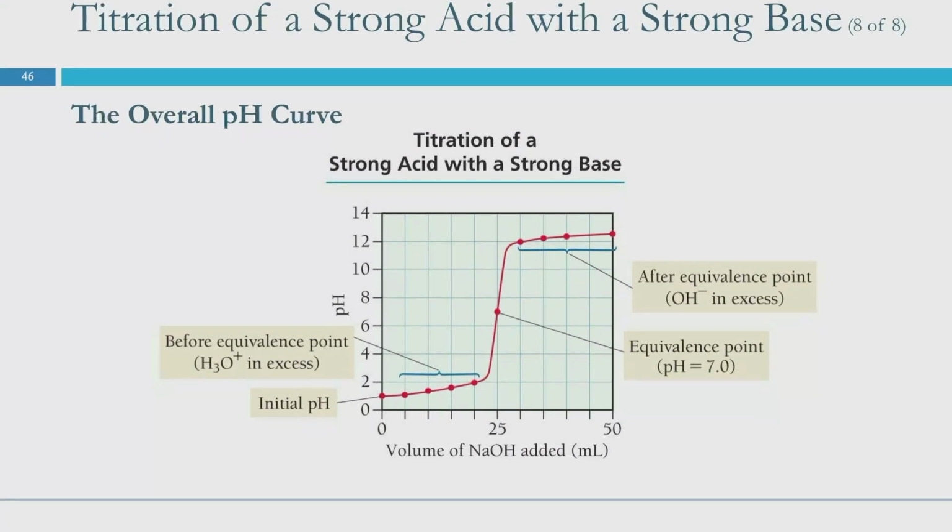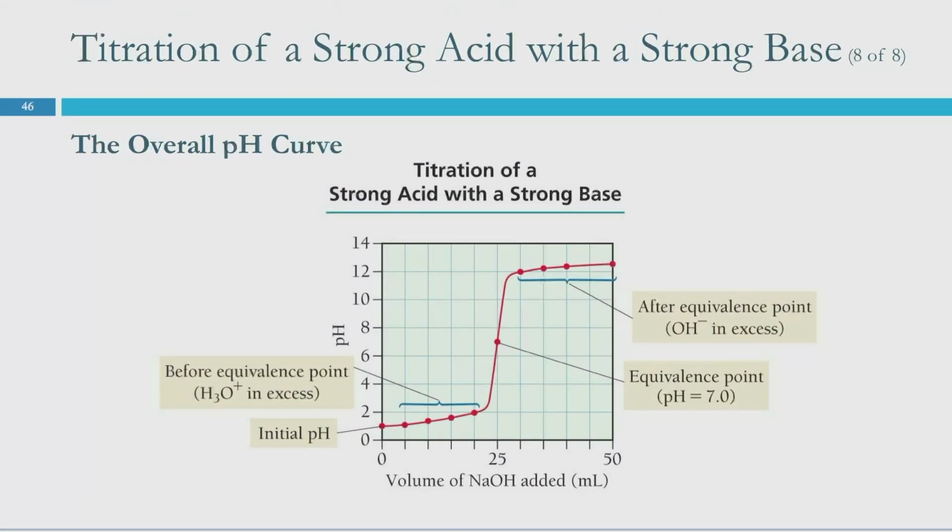So overall, these are kind of the important parts of the graph. We had our initial pH that we calculated. We had our H3O excess. As our pH is slowly starting to rise, we're depleting our H3O plus. And then around the equivalence point, our pH changes very rapidly as we're shifting from an H3O excess to a hydroxide excess.